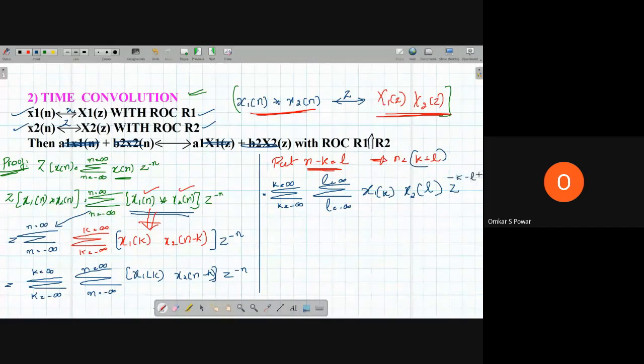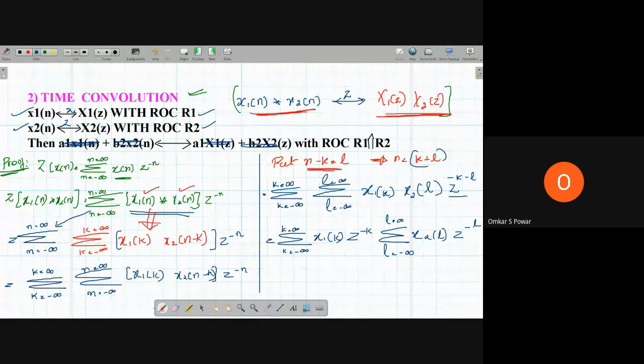So this I'll further write as summation k varies from minus infinity to infinity. So x1 of k I'll write it as it is. So z to the power of minus k I'll bring here. So summation L varies from minus infinity to infinity x2 of L into z to the power of minus L. So what I have done, z to the power of minus k I have brought here, and z to the power of minus L I have treated with this one.